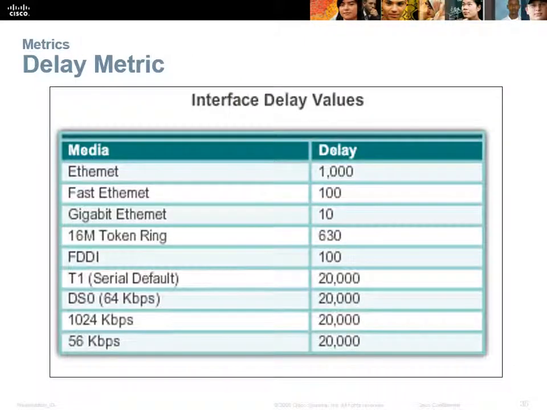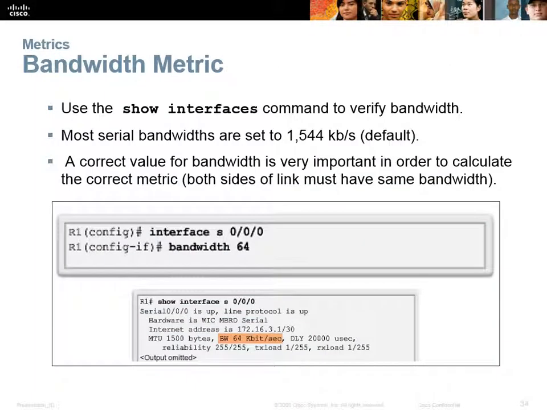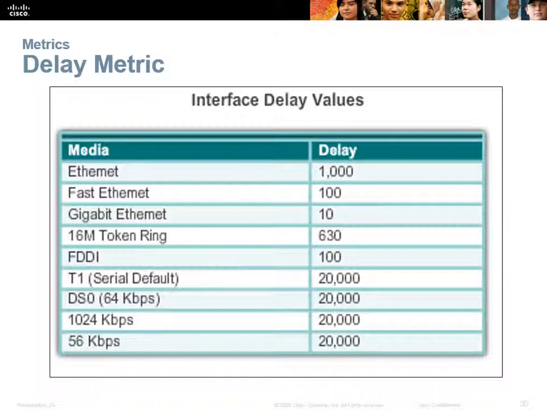And there's your interface delays. If it was a delay of 20,000, like it's showing on there, it's probably going to be a T1. That would be my bet, because this is a serial connection.